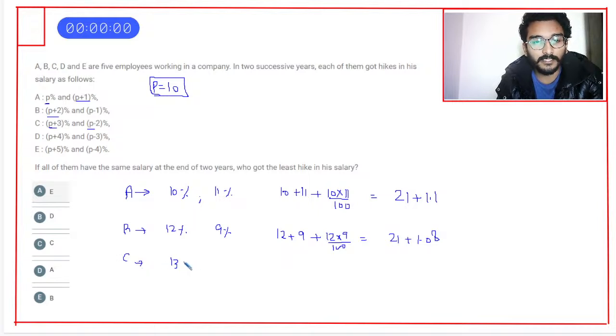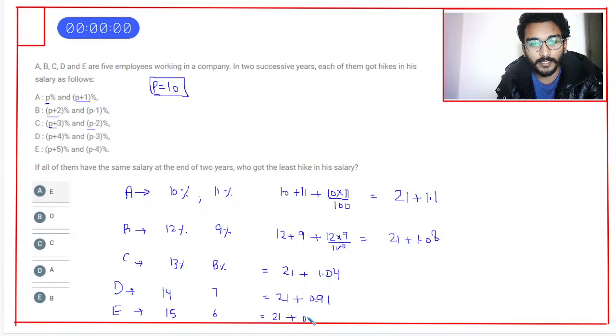C will be having 13 and 8, so it is 21 plus 13 into 8 is 104, it is 1.04. D will be having 14 and 7, it is 21 plus 0.91. And E will be having 15 and 6, that's 21 plus 0.90. So I can say 21 is constant.